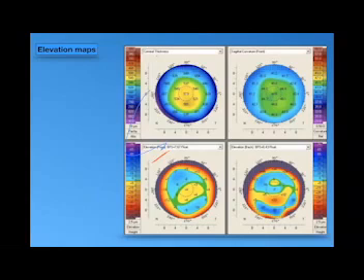And at the same time, there is thinning in the pachymetry map at that point. So if all the maps have abnormality at the same point, it's diagnosing. This is diagnosing keratoconus. And this is called Holland report or Holland rule.